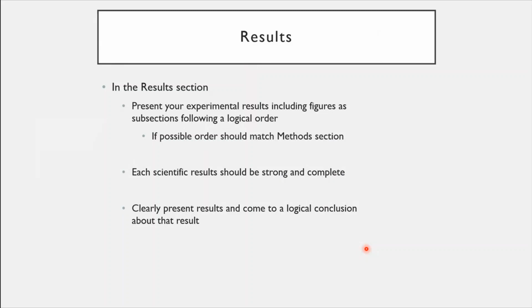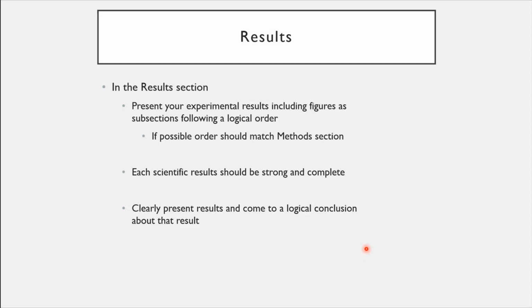However, sometimes a specific result comes from different methods, so it's not easy to match it exactly. Just keep that in mind. But as much as possible, the results and methods should match.